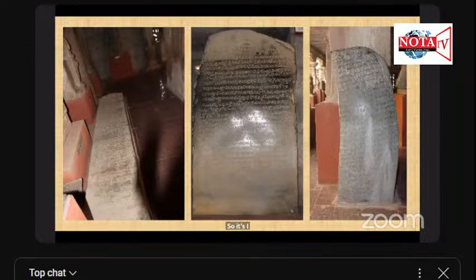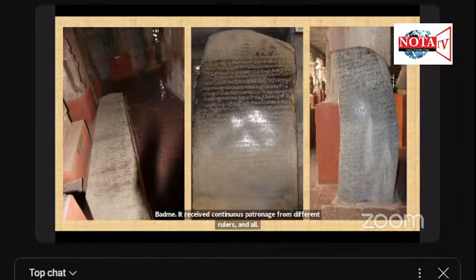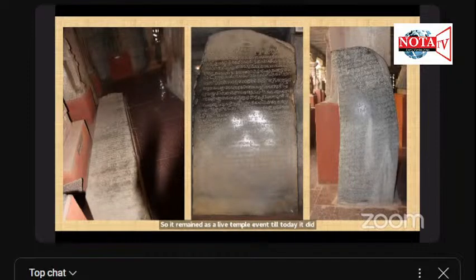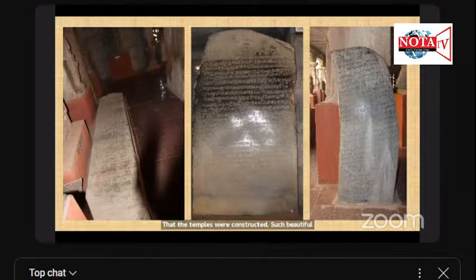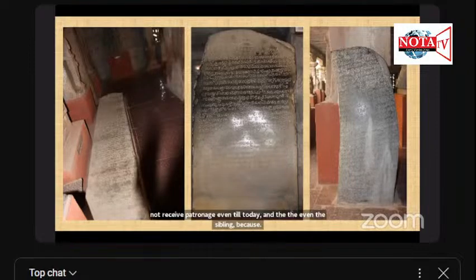And one interesting thing is that Alampur, though it was built by the Chalukyas of Badami, received continuous patronage from different rulers. So it remained a live temple even till today. Because we have seen so many temples, particularly at Nagulapadu and Naganuru and other places, that such beautiful temples were constructed, but most of these temples did not receive patronage even till today, and even the Sivalingas were thrown out of the temple.